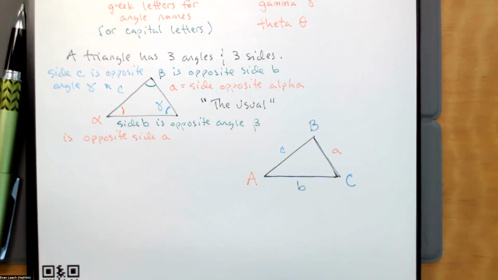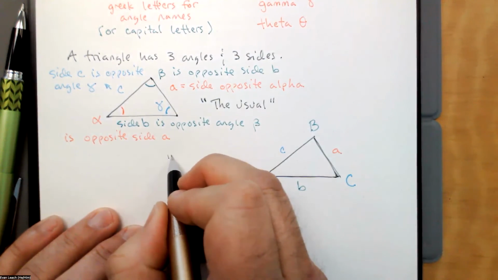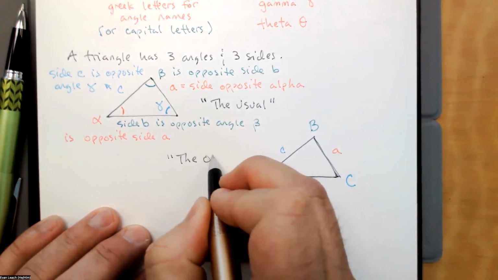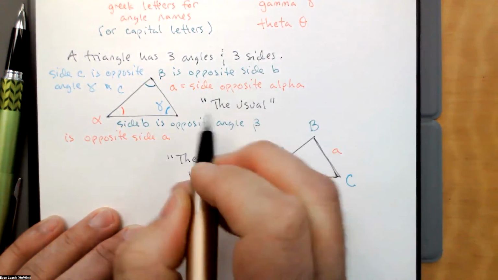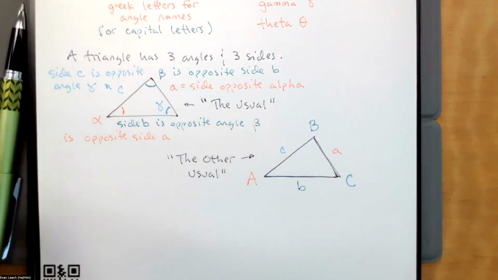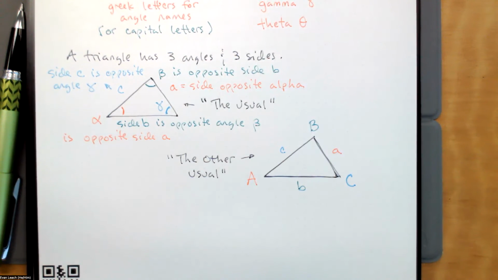This is the other usual. Sometimes we'll break from this, but not messing with the A and the A, the B and the B, and the C and the C. We might not need all the names for particular situations.